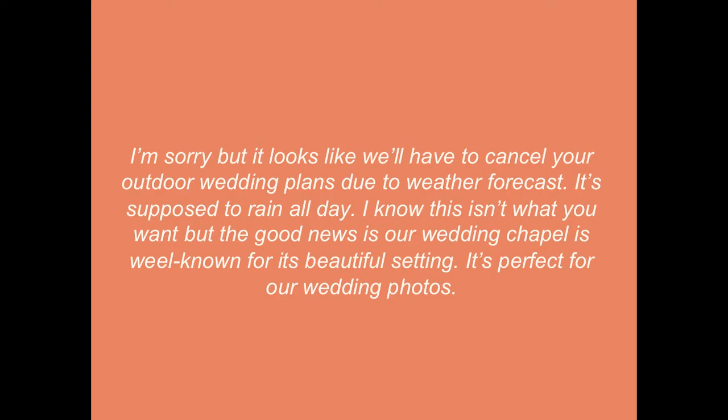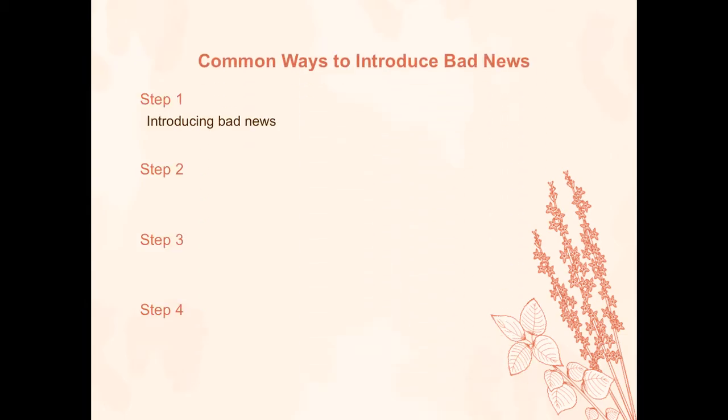There are 4 steps if you want to introduce bad news. Let's go through them one by one. First one, surprise. There's no introduction really to get to the bad news.